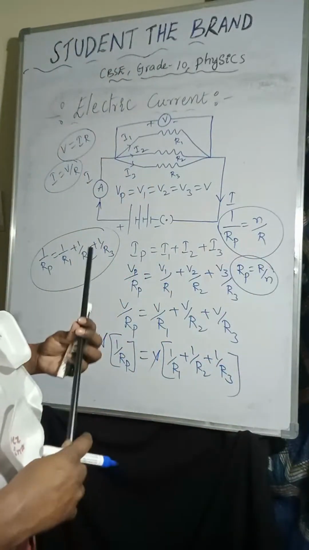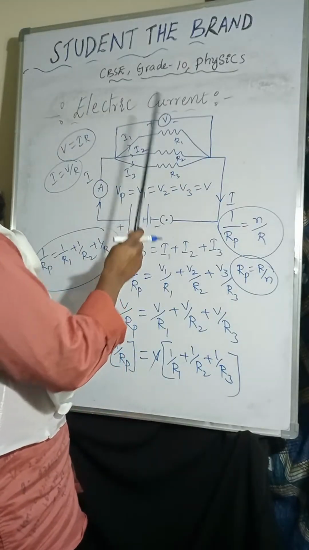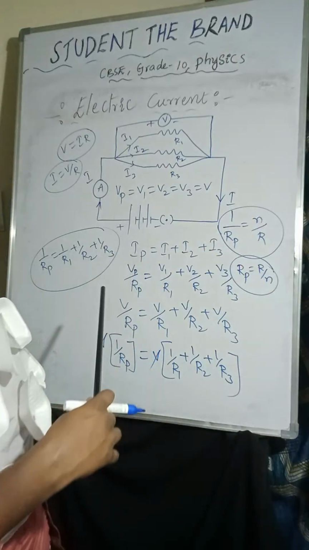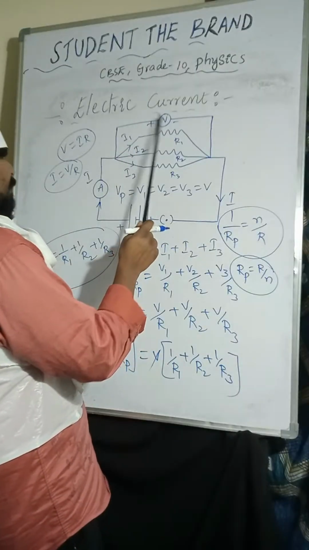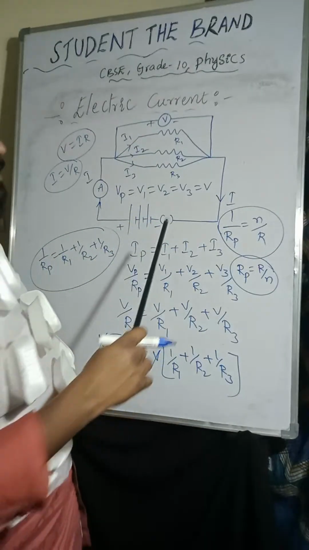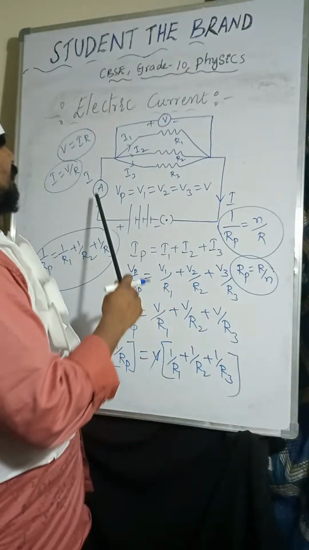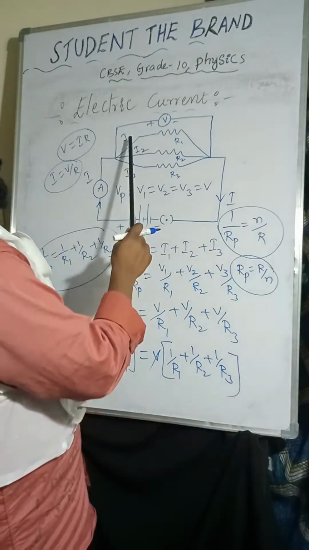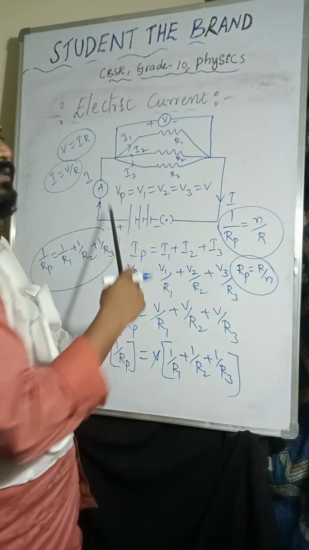Just check once. Now you can observe. Three resistors R1, R2, R3 are connected in parallel combination. Current is flowing. Voltmeter is connected across R1, R2, R3. Throughout the circuit current is flowing here. Here it is dividing through R1 as I1, through R2 as I2, through R3 as I3.